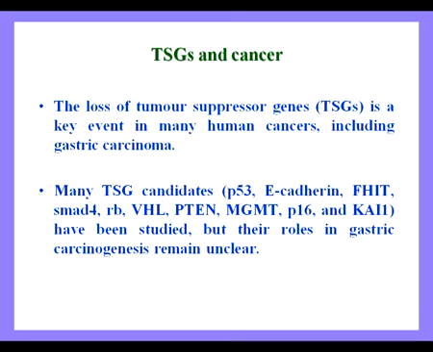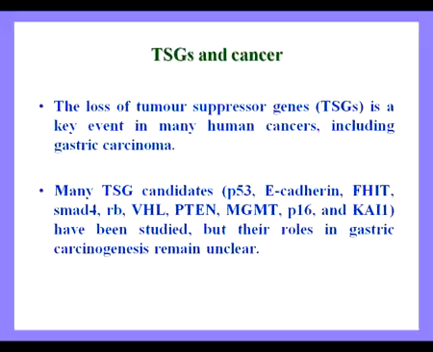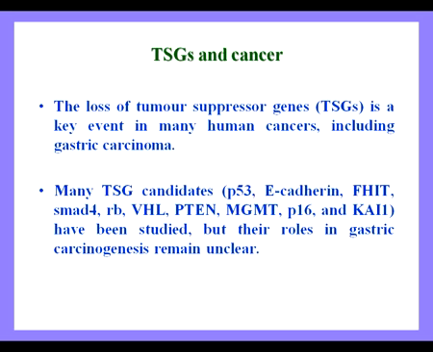So cancer has also been shown to have links with the pattern of methylation of the DNA. We'll take one example, the loss of tumor suppressor genes. A number of tumor suppressor genes have been studied, and one of the most studied genes is P53. TSG is the tumor suppressor gene.